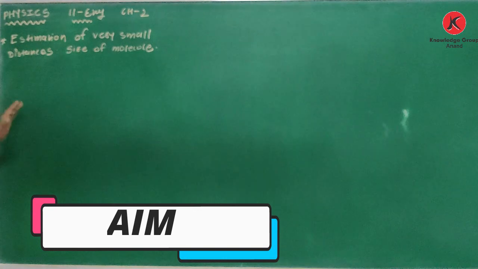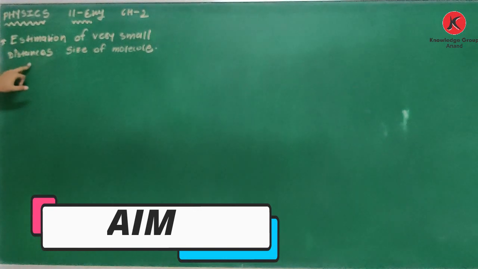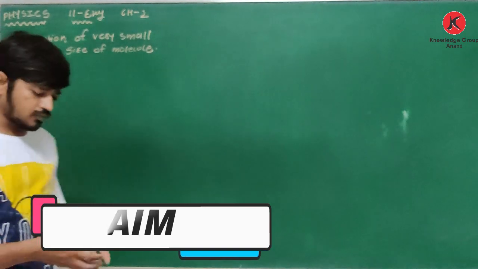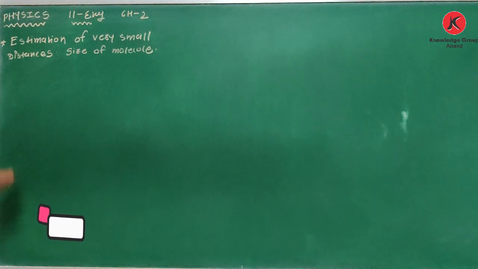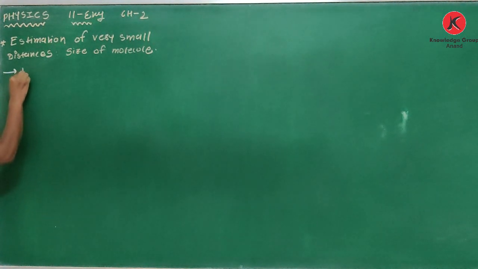Now we will continue our topic, that is estimation of very small distances, or we can say the size of a molecule. The size of a molecule is about 10 raised to minus 8 meters to 10 raised to minus 10 meters.